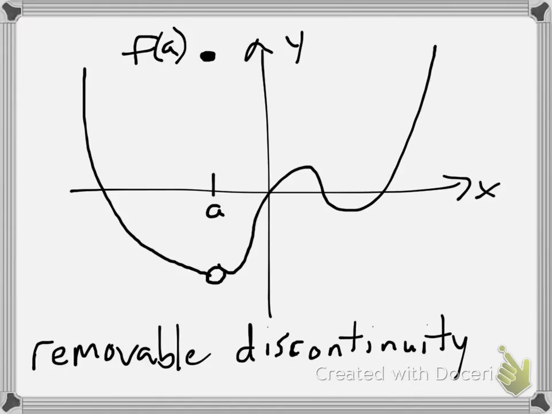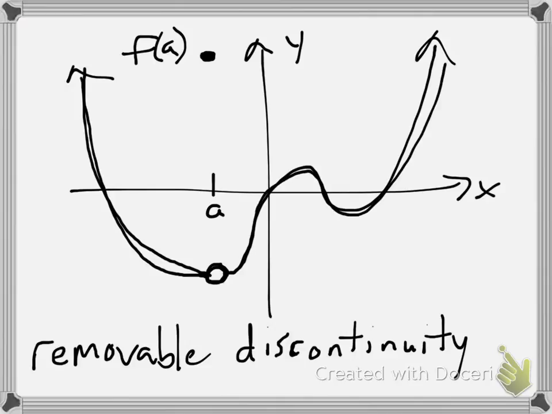Now, what happens if there's a hole? Well, that means that when I drew my graph, I got to a hole. I had to stop, pick up my stylus, and then keep going. Now, you might say, well, Mr. Habit, there's a point up there that fills in for that. And that's fine.